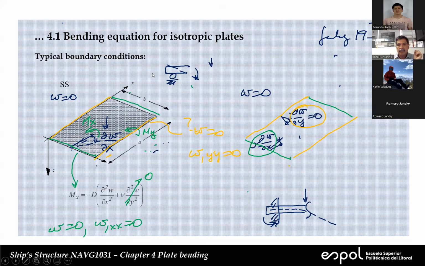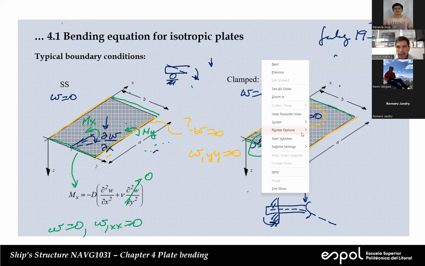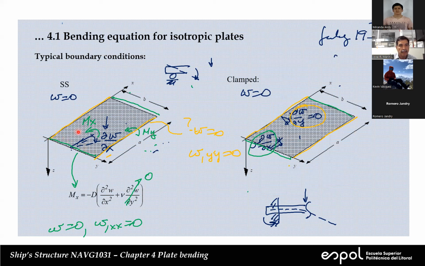I need to take from this slide one fact. On this edge, people, we have mx equal to 0.